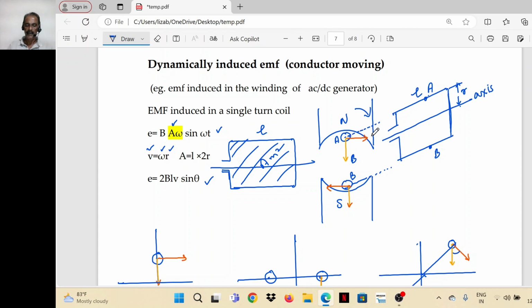Towards the right is the velocity vector. This is the linear velocity. So B is the direction of flux, and V is the linear velocity at this point. So EMF induced in one single conductor is B L V sin theta, where theta is the angle between B and V. Theta is the angle between flux density and linear velocity.